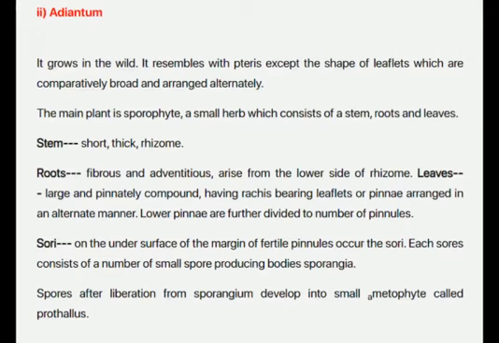What is the sori? Sori is the plural of sorus. Each sorus consists of small spore producing bodies which are called sporangia. Sporangia is also plural. Sporangium is the singular, which produces spores.